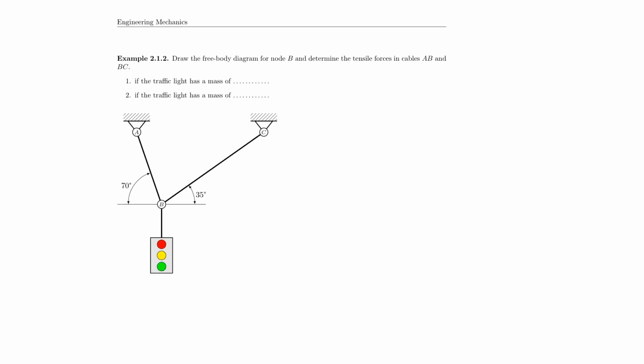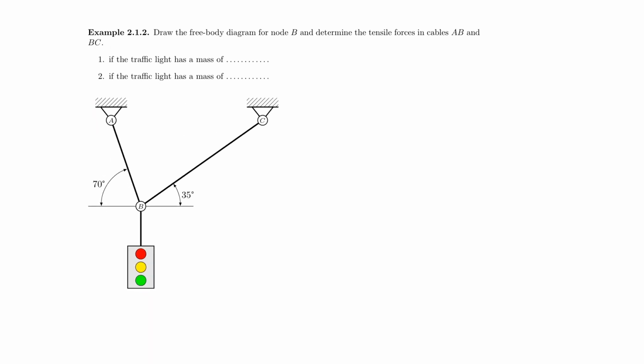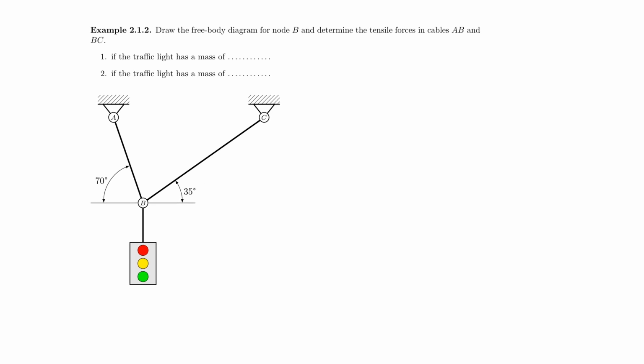So here you see another example problem where you have to draw the free body diagram for node B in this case, right? So node B is given to you here. And we have 2 sub-problems here. I want to ask you to solve this for 2 different weights. For the first case, I would like you to think of it as the traffic light with a mass of 150 grams, which of course is way too little for a real traffic light.